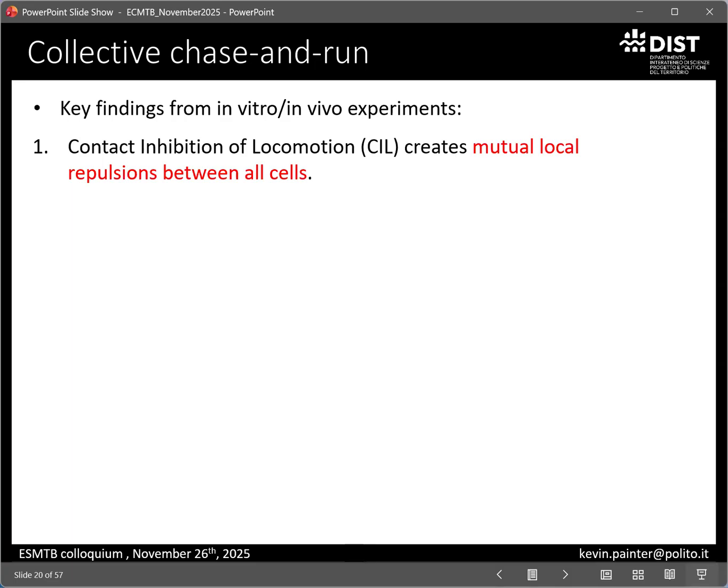I described that earlier: contact inhibition of locomotion describes the process where two cells move towards each other, they're on a path towards each other, they touch, and then they reverse polarity and move in an opposite direction. This is observed between all of these different cell types, between neural crest cells and other neural crest cells, between neural crest cells and placoid cells, etc. They all have this contact inhibition of locomotion.